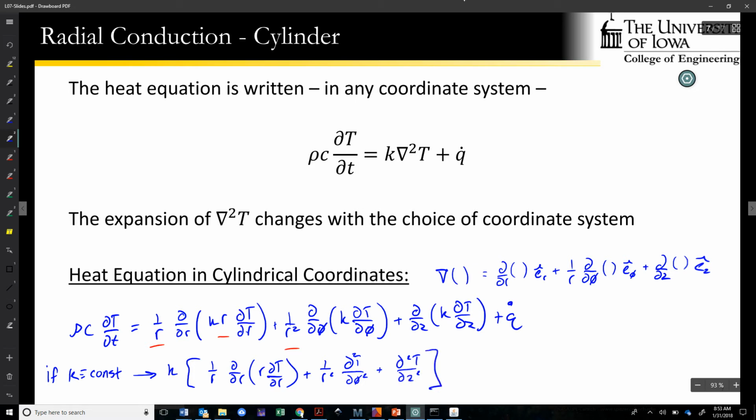We still end up with this sort of oddball term right here where we can't pull the r outside, because r is obviously a function of r, so it has to stay within the argument of that derivative. And then we have this 1 over r squared right here.